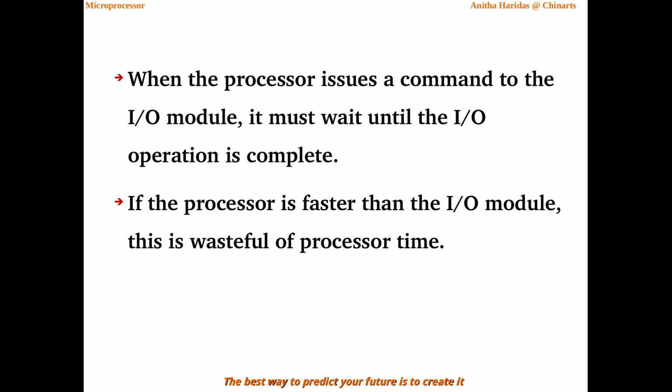So within the time you press a key, the processor can execute lots of instructions, right? So what happens now? Until the user presses the key, lots of CPU cycles will be wasted, because it is going to keep on checking the status of the input device to understand whether it is ready for data transfer. So that is why we say the processor time will be wasted.